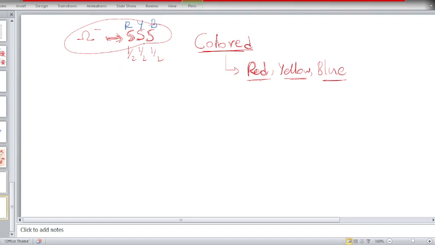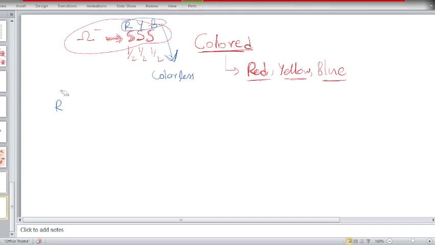Okay, so for the case of baryons, they are made up of these different colors, and since they are having these three different colors, these three different colors will make it colorless. So all the baryons are colorless particles. Similarly, if you are having a color and an anti-color, that also makes the particle colorless.